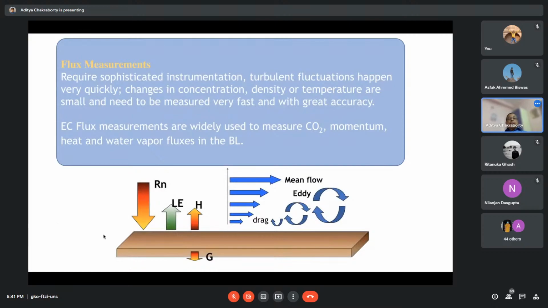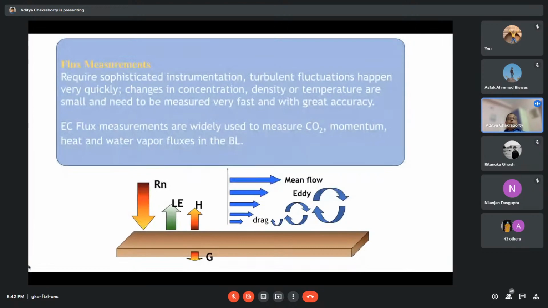For example, the solar radiation, which is denoted by Rn, is shown in the downward direction. And then there are two water vapor fluxes. One is the latent heat flux, and another is the sensible heat flux, which is denoted by H. And then there is another small component, which is ground flux, represented by G. In that case, G is actually getting lost to the ground.